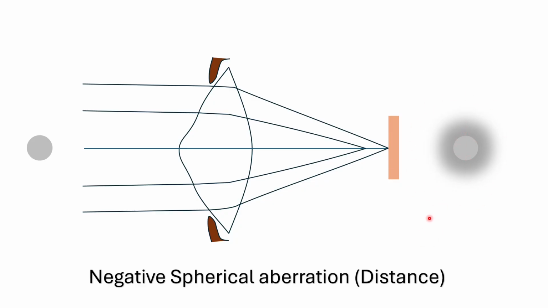And this is true for any given distance from the retina, or if we move the retina here or here. But the advantage is there are a few rays which are always focused within this given distance. So we have better depth of focus. And this is a lens which we can call negative spherical aberration.